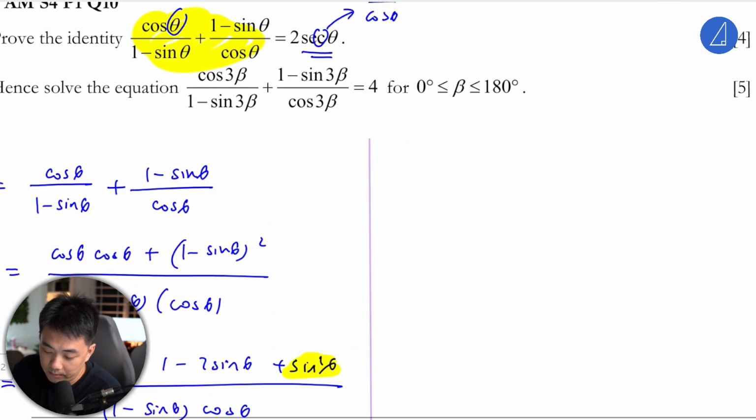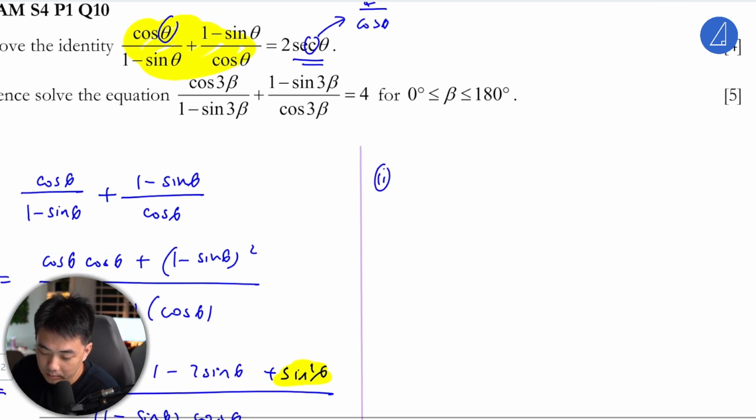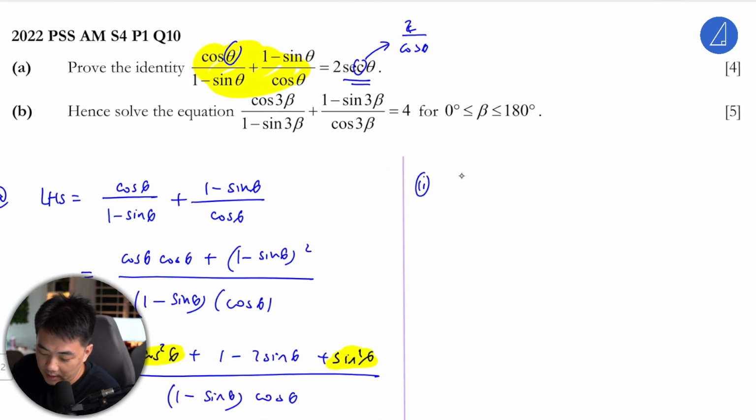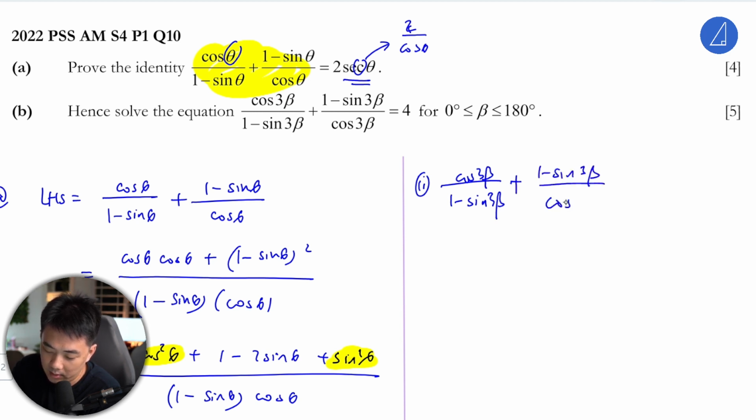So for part 2, the left hand side is cosine 3 beta over 1 minus sine 3 beta plus 1 minus sine 3 beta over cosine 3 beta, equals 4.